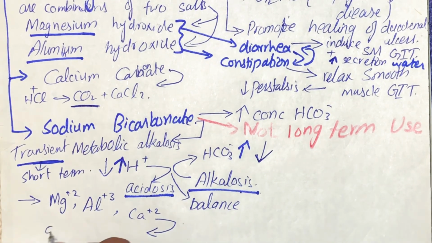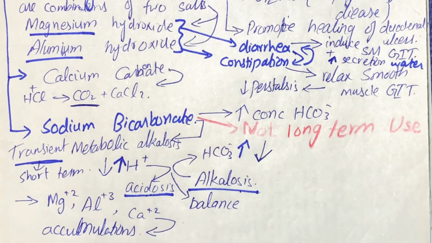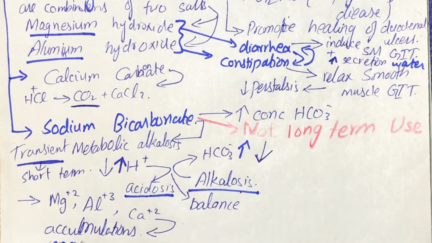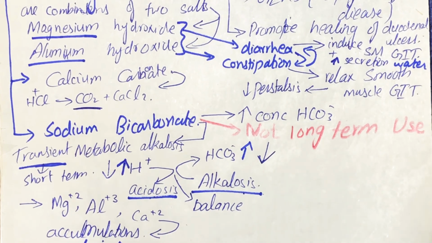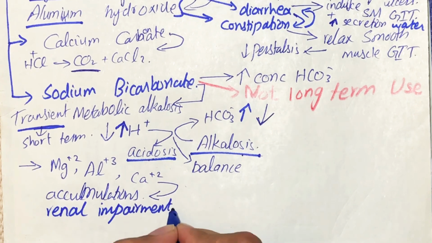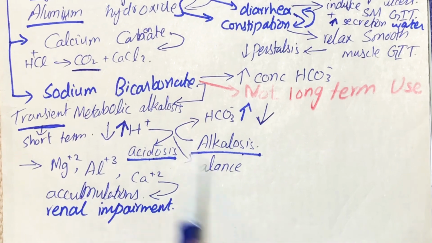There can be accumulation of these ions in patients with renal impairment. So it may cause the accumulation of these ions inside the body of such a patient.